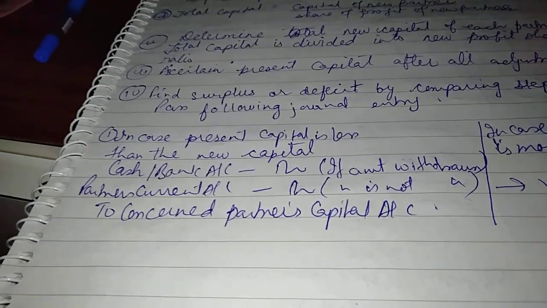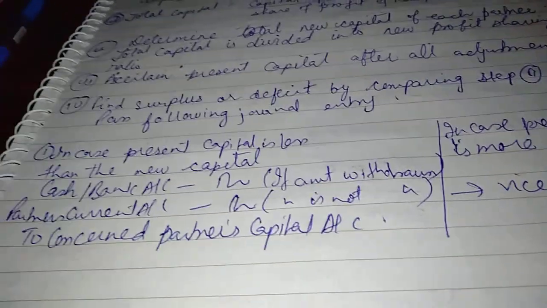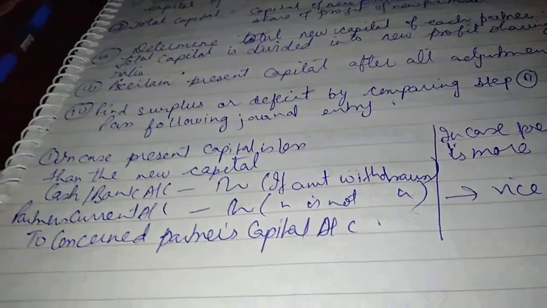Same, if your present capital is more, then you have to pass the entry: concerned partner's capital account debit to cash if the amount is withdrawn, to partner's current account if the amount is not withdrawn. Now, I'll solve a sum for you, and then things will be made more clear to you.